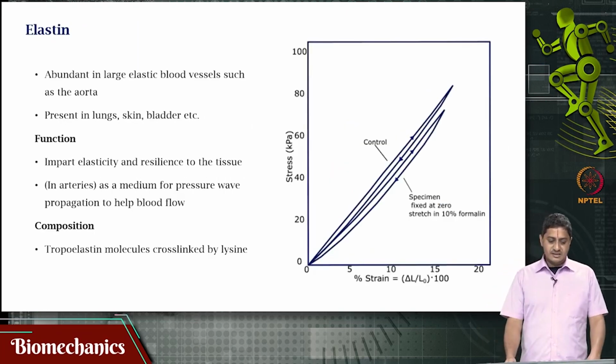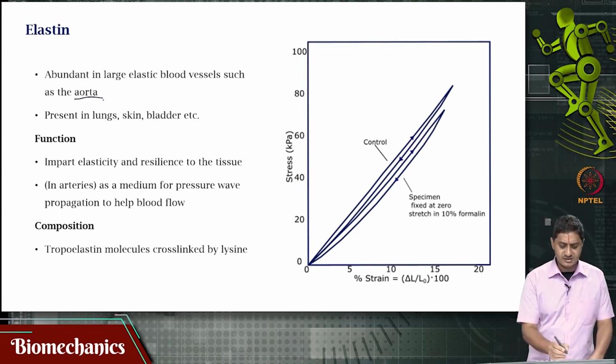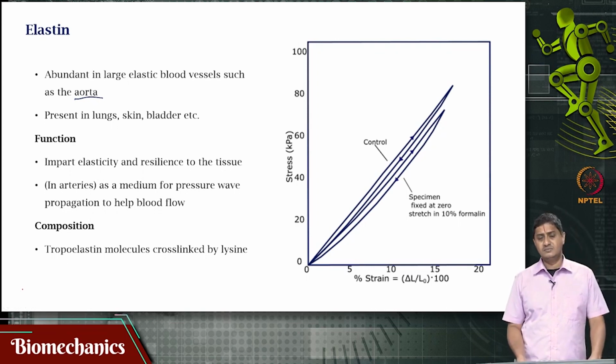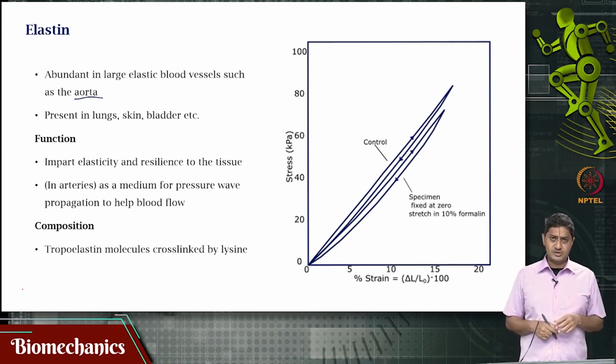Elastin is found in abundance in blood vessels that are elastic, in particular in arteries. Arteries will have to expand a lot. For example, the aorta, which is the biggest artery, undergoes a huge amount of deformation.